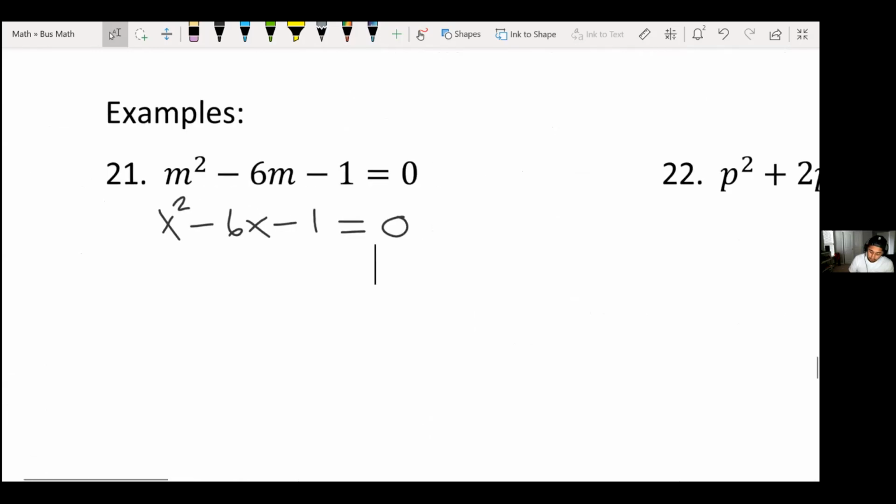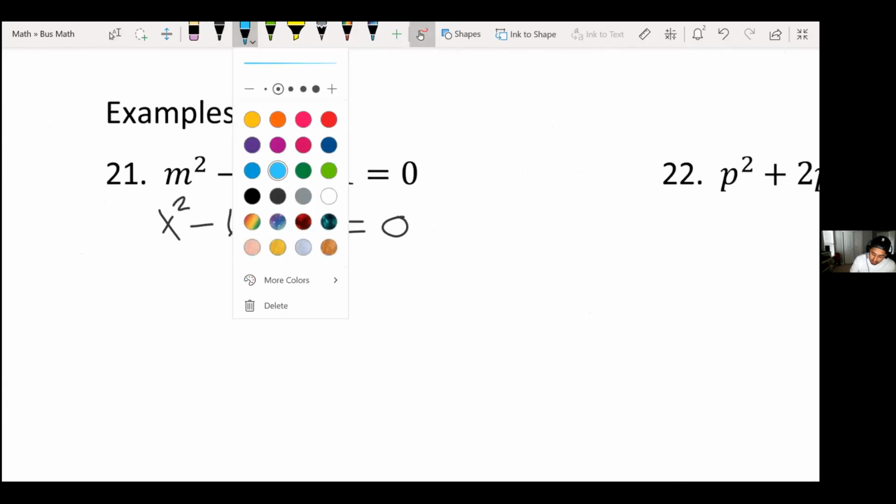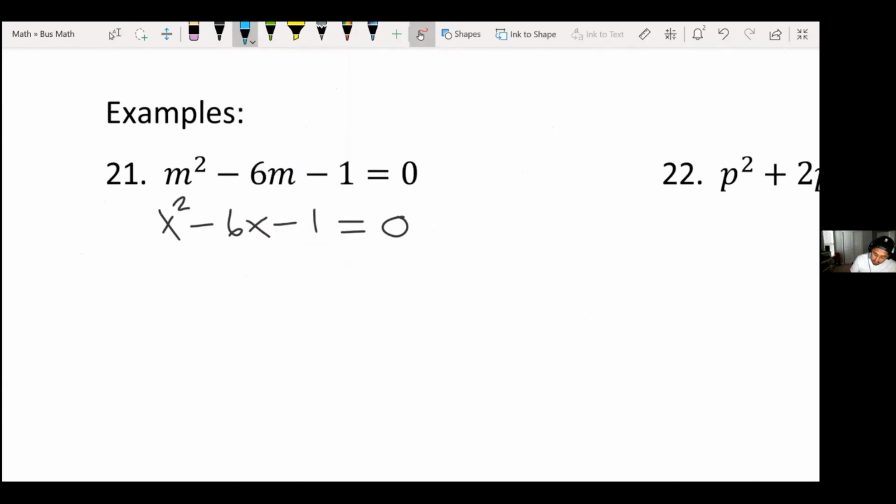Okay, now time to label what a, b, and c are. Let me go smaller on that. Yeah, that'll work. All right. So A represents the leading coefficient. So for x squared, which is our leading term, the leading coefficient is going to be 1. Then B represents the middle term's coefficient.